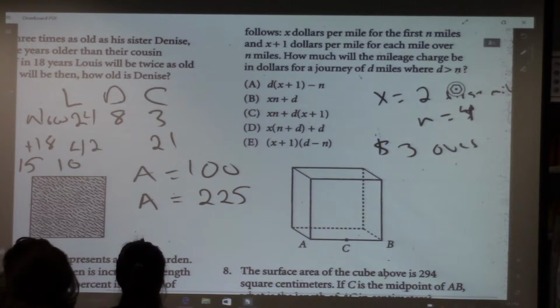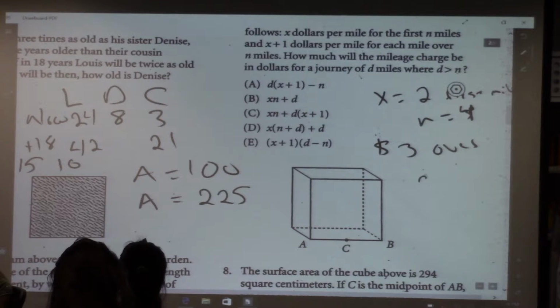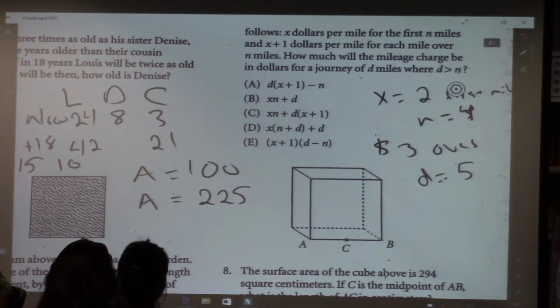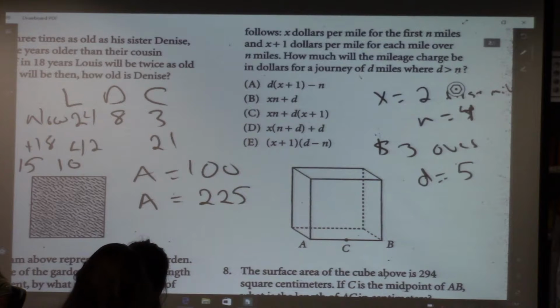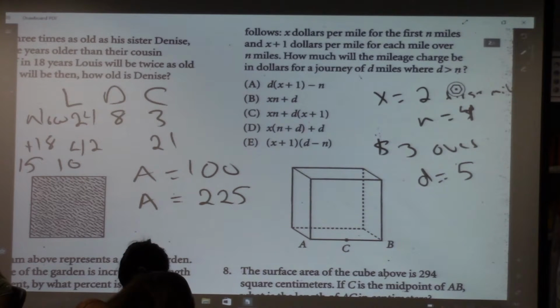So how many miles do you want to go on? 5. See, you guys are speaking my language now. You want to make our math easy. So we know it's going to be $2 per mile for the first N miles. How much is it going to charge for the first 4 miles, guys? $8, right?